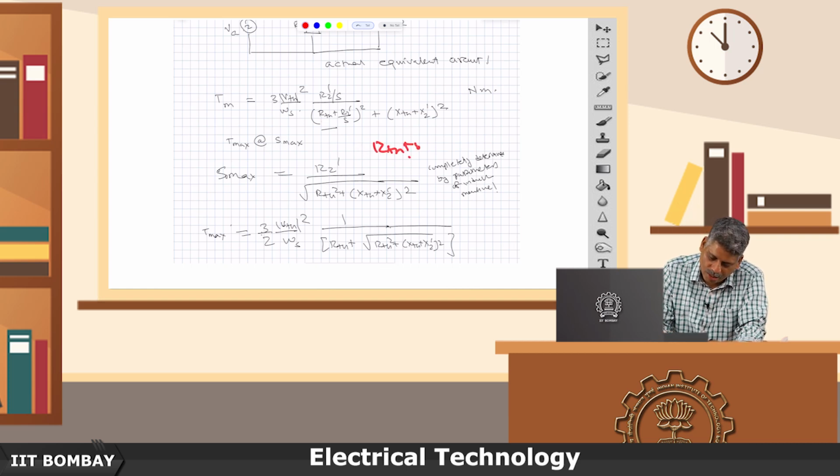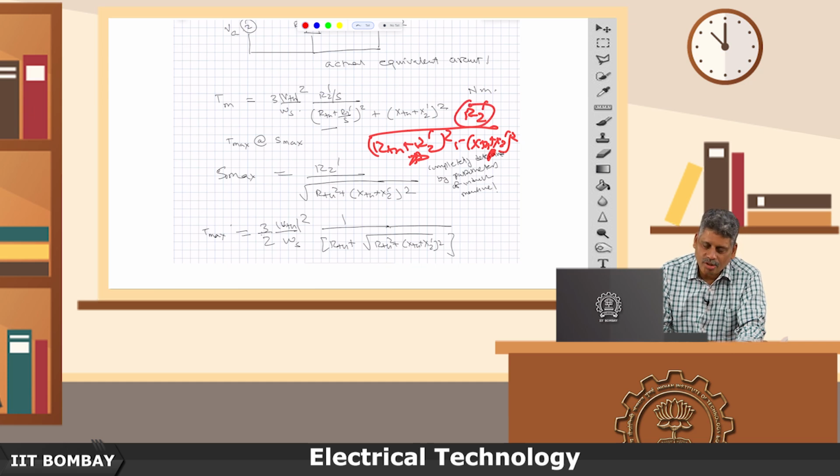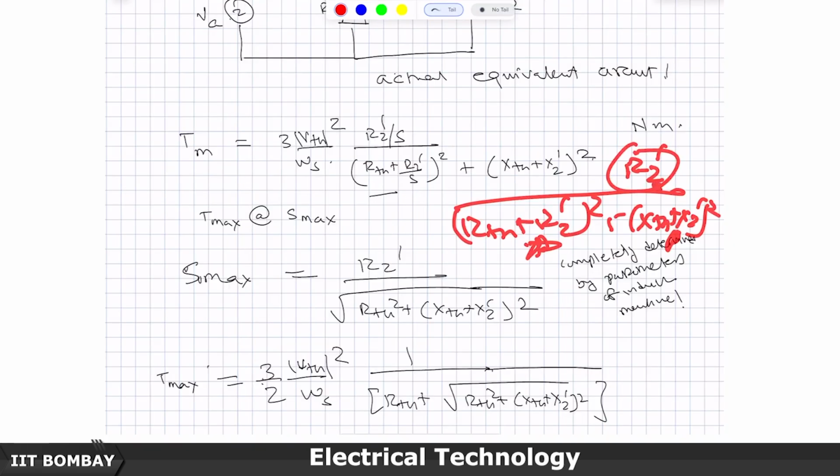So, the denominator is altering no doubt, as I keep altering, starting time I am talking of, and on the numerator R 2 dash is also altering, but there it directly alters in proportion, while in the denominator that alteration is somewhat damped due to the presence of this R Thevenin and this big term sitting here.